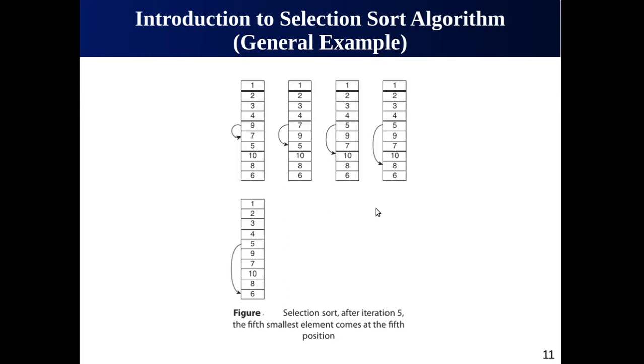At iteration number 9, the 9th smallest element will be placed at the appropriate location, and the last element is already in sorted form, so we don't need to perform the 10th iteration.